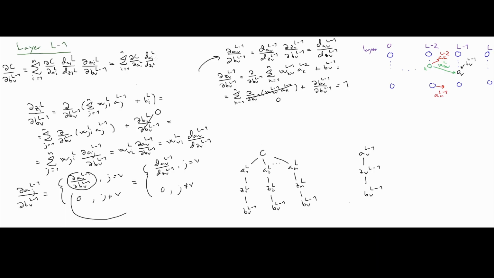So we can substitute that back in here. That concludes the partial derivative of C for some bias in layer L minus 1.